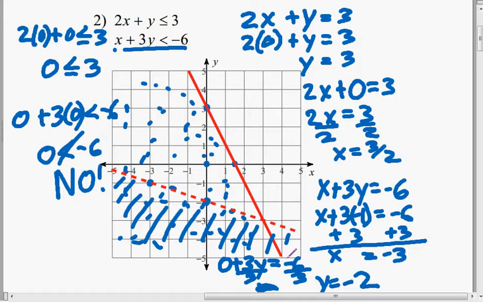So I look now at the area where I shaded for both. I shaded this area, the area below the solid line. I shaded the area below the dotted line. And ultimately, I want to shade the area that's below both lines.